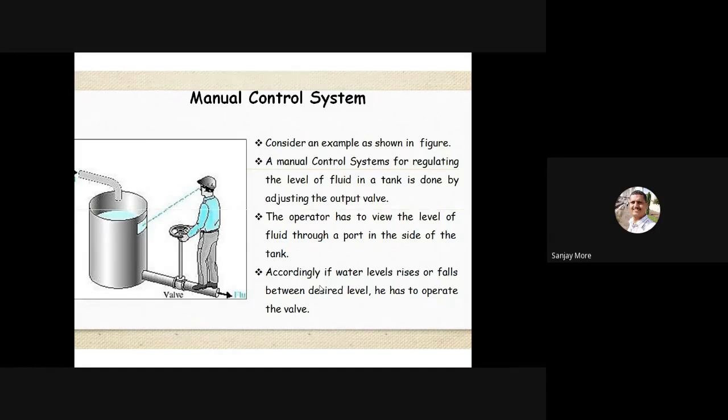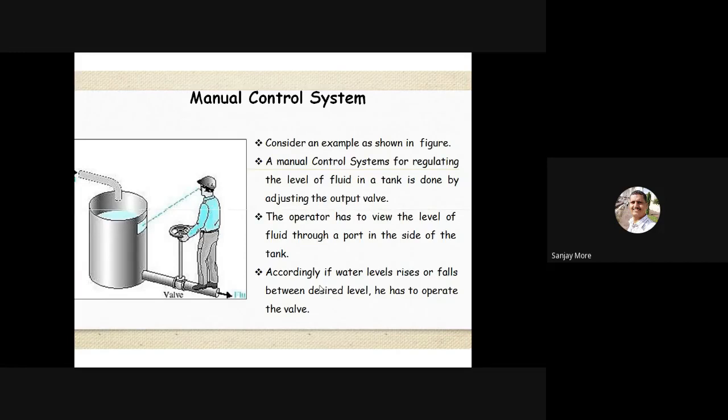Next line: the operator has to view the level of fluid through a part in the side of the tank. Full stop.